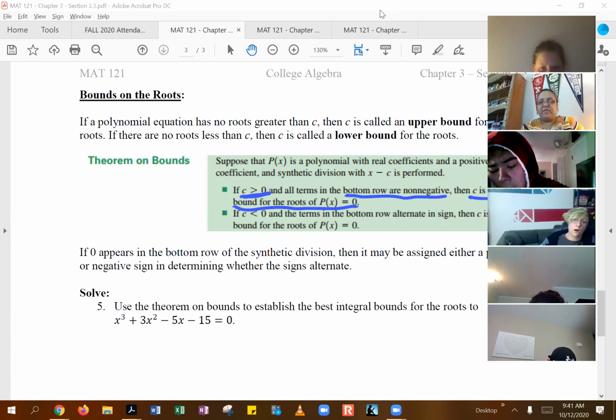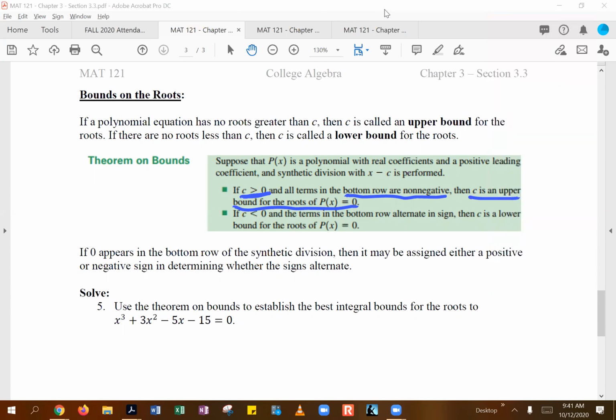So you start dividing by positive 1, positive 2, positive 3, positive 4, you keep going till your synthetic division bottom row is either 0 or positive numbers, so basically non-negative numbers. And that number will become the upper bound for our roots. So we're saying there will be no answer beyond this upper bound.